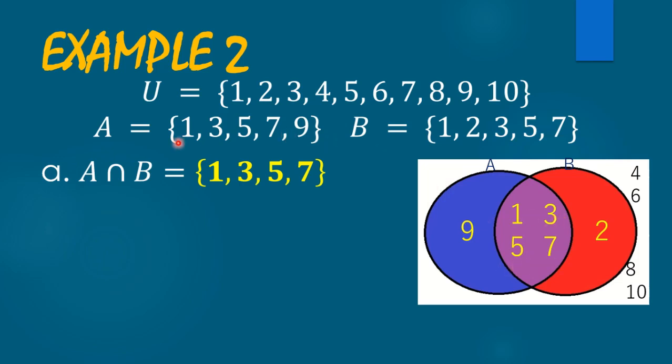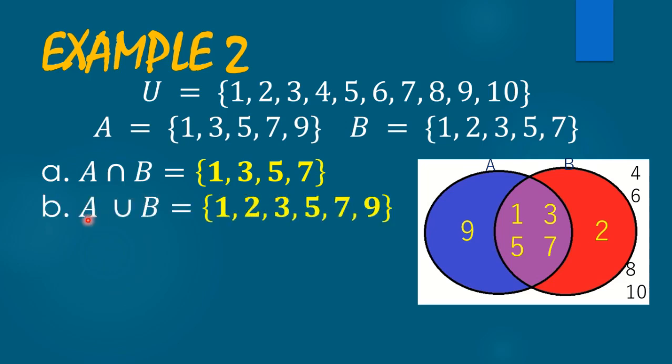Or if we're going to refer to the two given events, we'll have to look for what is common between A and B. So we have 1, 3, 5, and 7. We don't have 9 here, and we don't have 2 here. So the A intersection B is equal to 1, 3, 5, 7.